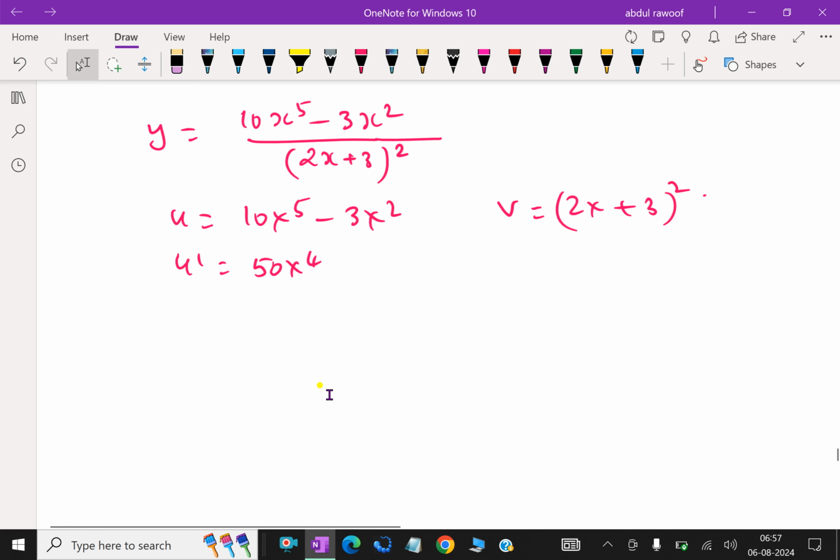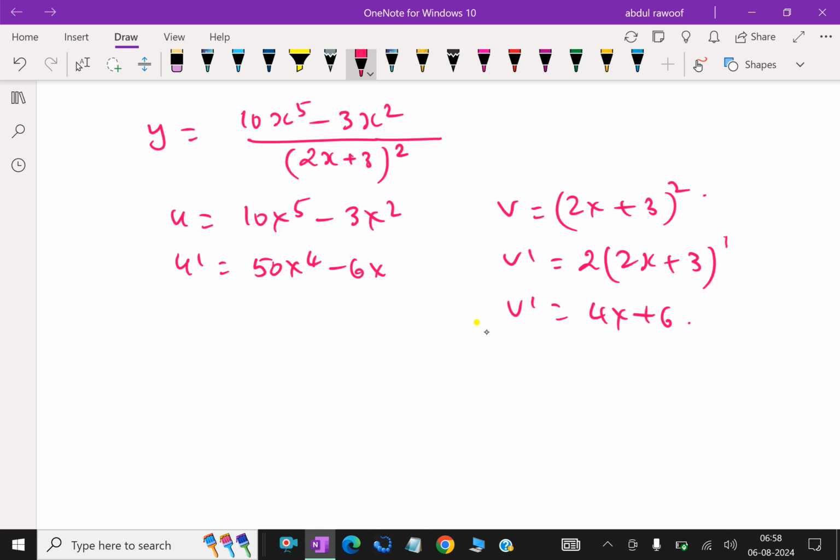Here 3 into 2 is 6 as well; 2 minus 1 is 1, not necessary to put. v dash: the power comes in front, 2 into (2x plus 3), then 2 minus 1 is 1, you can put it or not, no problem. Now for simplification, v dash equals 4x plus 6.